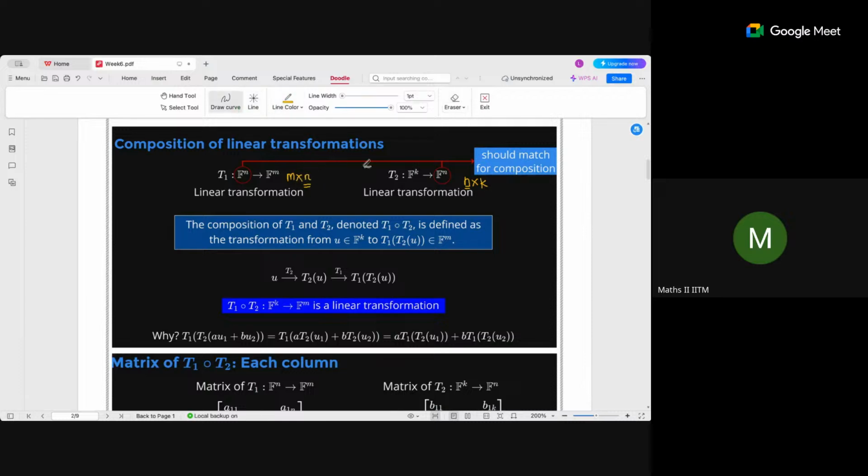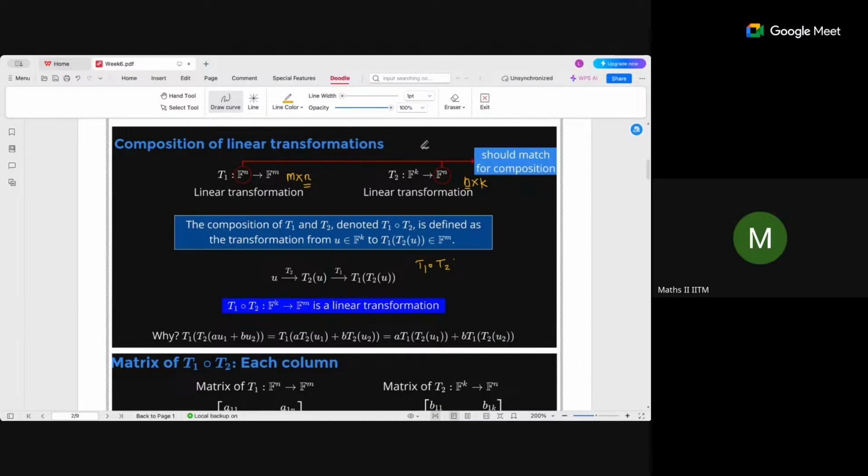But from where does this condition come? From the transformation property. When composition is defined, T1 composition T2 is defined only when the domain of T1 matches the codomain of T2, right? Only then can we have T1 composition T2 defined. What is the domain of T1 composition T2?